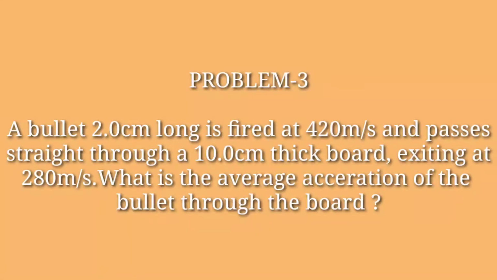A bullet 2 centimeters long is fired at 420 meters per second and passes straight through a 10 centimeter thick board, exiting at 280 meters per second.